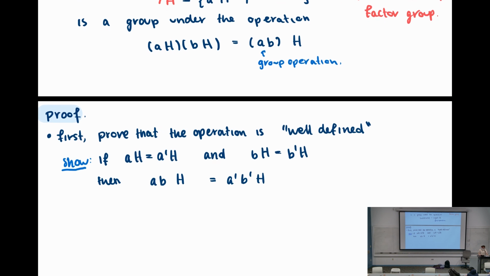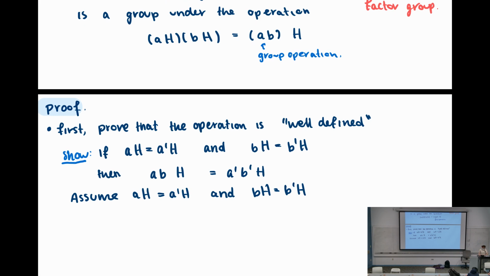So let's assume that aH is equal to a prime H and bH is equal to b prime H. Then what this means is that there exists an h1 with a prime equal to a h1 and b prime equal to b h2.